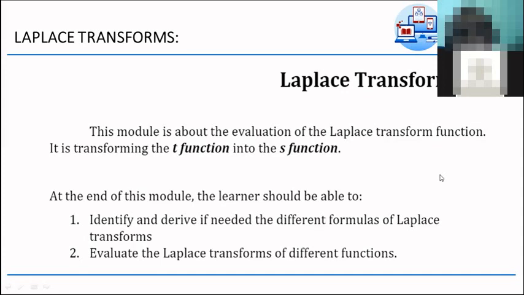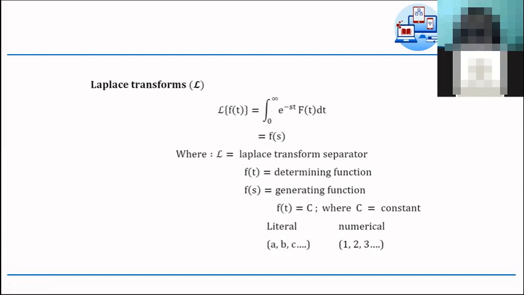directly related to your output. So you have the Laplace transform formula. The Laplace transform of a function of t is equal to the integral of e raised to negative st times the function of t dt, from 0 to infinity.